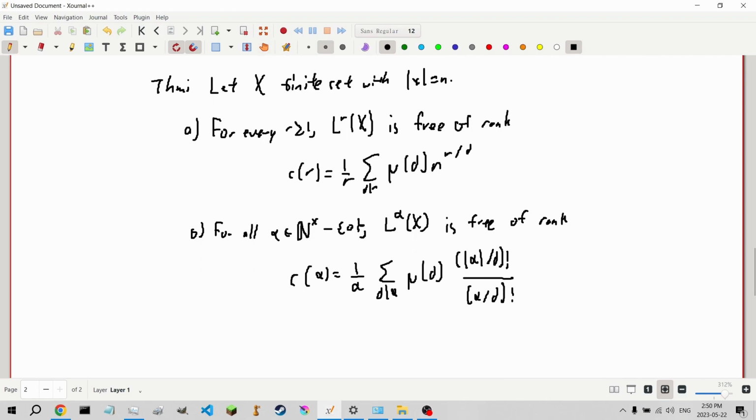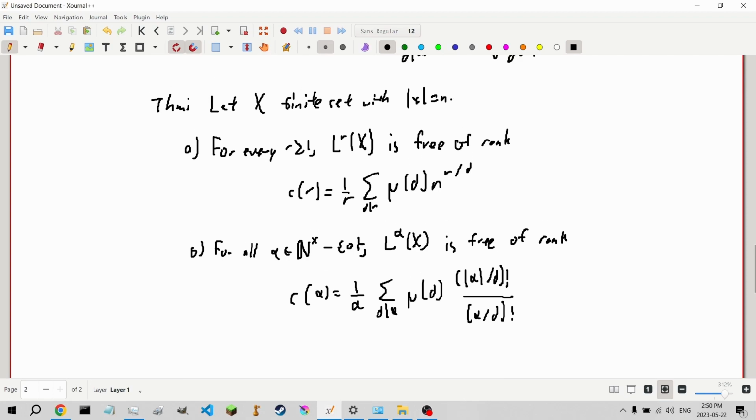And the proof of this: we know that L_r(X) and L_α(X) are free. We've already shown that.